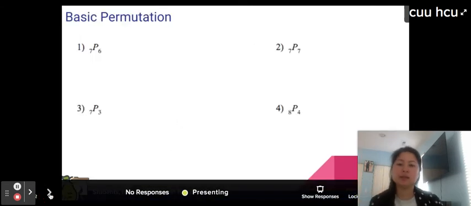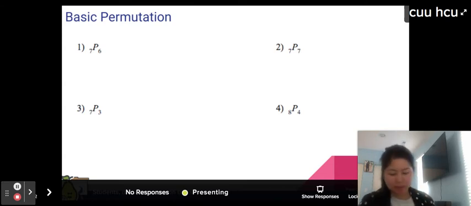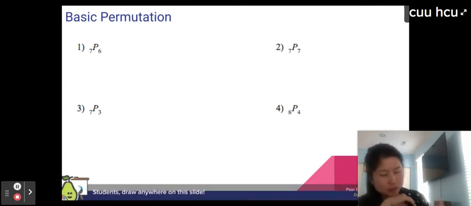All right, so let's do some basic permutation. Again, we're going to use the formula n factorial over n minus r factorial. In here, we're going to identify a couple of things. The 7 is the n value.